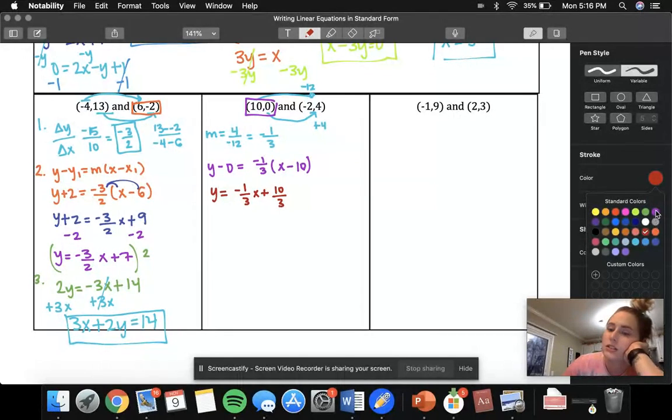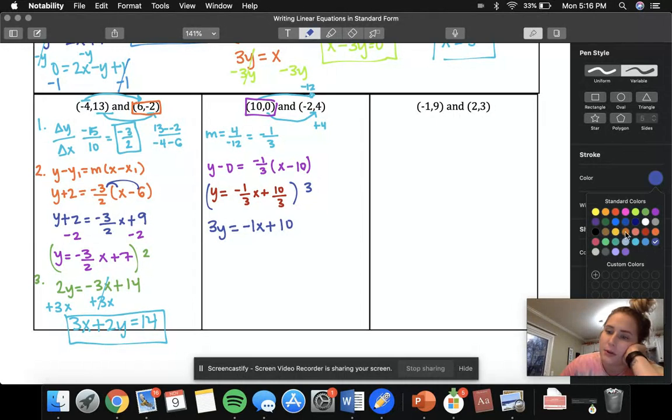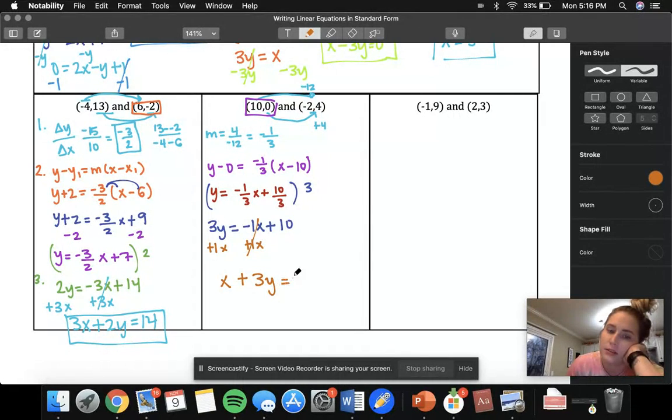Okay, so this is in slope-intercept form. Now I'm going to get rid of the denominator of 3 by multiplying by 3. We would get 3y equaling negative 1x plus 10. And then I'm going to move over the minus 1x. And I get 1x plus 3y equaling 10.